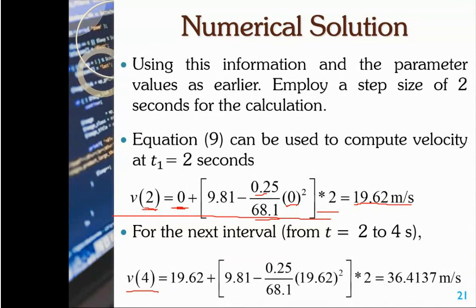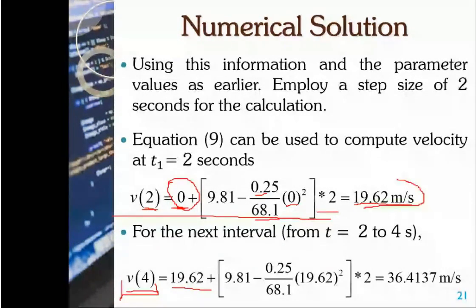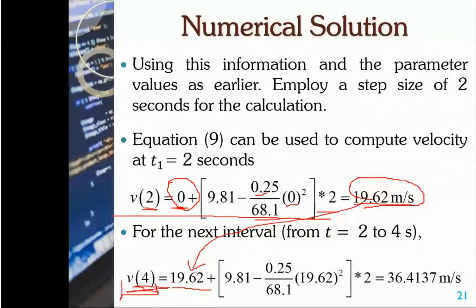Remember that the whole idea of this expression is that for us to estimate any new value, we have to make use of a certain old value, okay? Because we are moving on to the 4th second, this old value is no longer going to be the 0 that we have here. It's going to be the immediate past velocity, which we just calculated for 2 seconds, okay? So this velocity will be our old value for this new velocity.